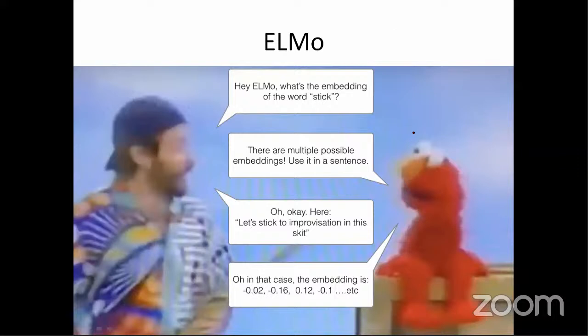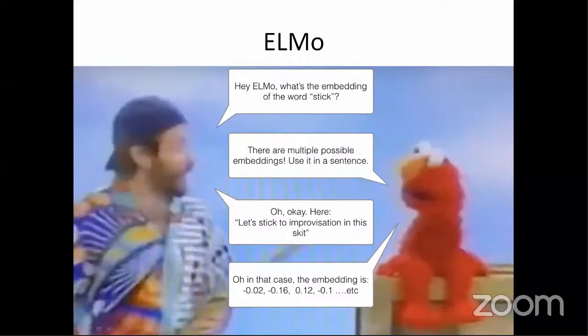And ELMo says there are multiple possible embeddings. Use it in a sentence. If you give only the word, I cannot suggest the embedding. You give it as a sentence because I want to know the context.